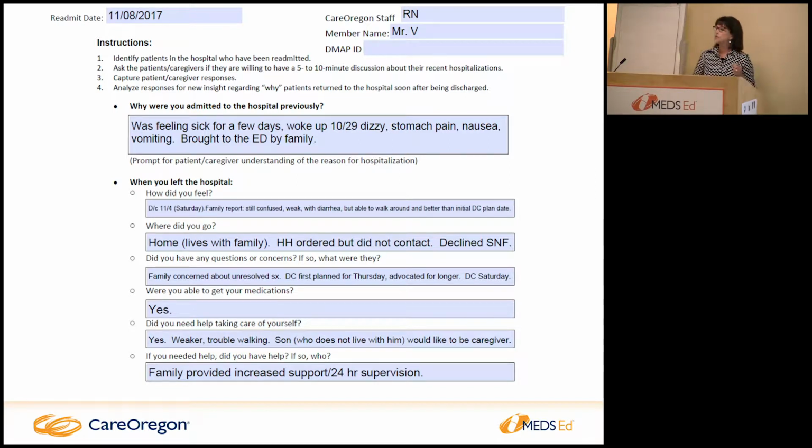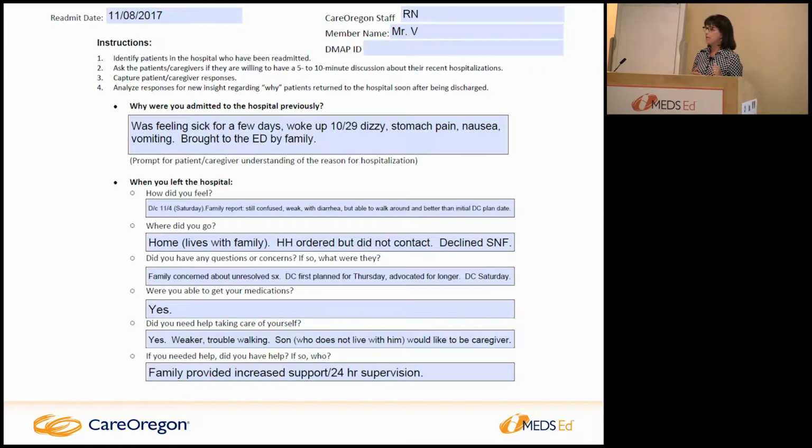They did not use an interpreter in the hospital. This gentleman was Vietnamese speaking. His son spoke moderate English, so they decided to use family as interpreter. And what happened was they ended up keeping him until Saturday and discharged him on a Saturday, and instead of a SNF, they sent him home because the family thought they were trying to send him out too soon.